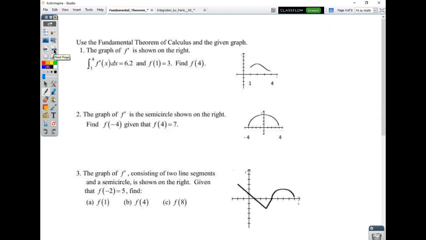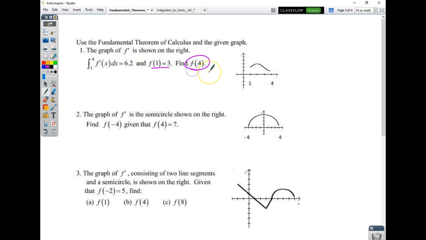So then what we do is we have situations like this. You can see that we've got answers on the bottom, so I will let you play with these and look at the answers. And if you wind up looking through this and you are struggling, we can see how we can help ourselves. So basically, just so you can see the first example, I'm giving you that I know the integral from 1 to 4 of f prime of x dx is 6.2, and I know that f of 1 is 3.